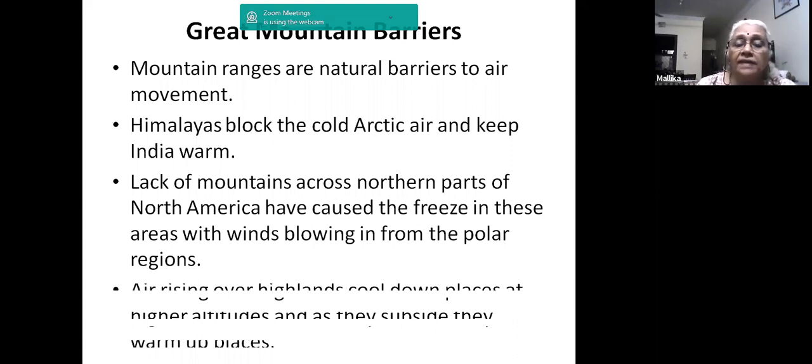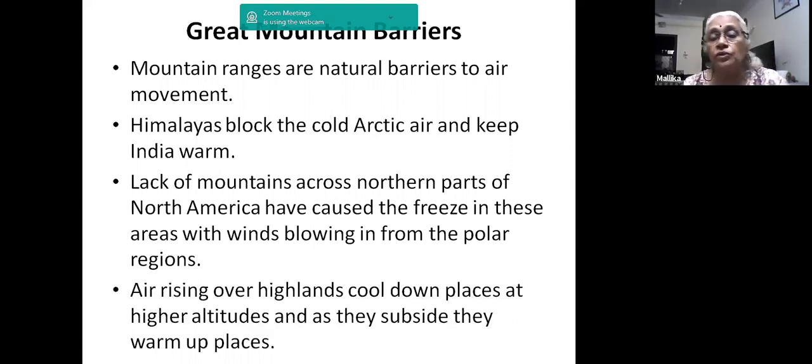So air rising over highlands also cools down places at higher altitudes. But when they come down, they warm up the places. That's what's happening in what you call California region in Australia, where from the mountains the cold air at minus 12 degrees Celsius and all then descend down into the valley.